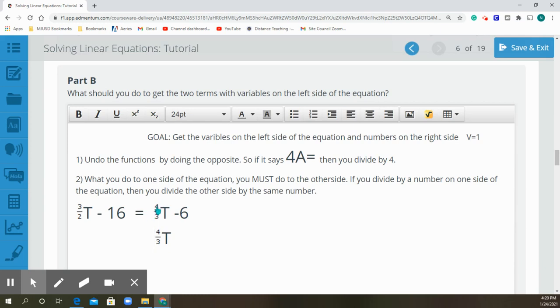So right now, in order to get rid of 4 over 3 multiplied by t, there's no minus sign here or no subtraction here or no function here. So in order to get rid of this whole thing, I have to subtract it from this side of the equation. So I'm going to subtract 4/3 t from 4/3 t minus 6.